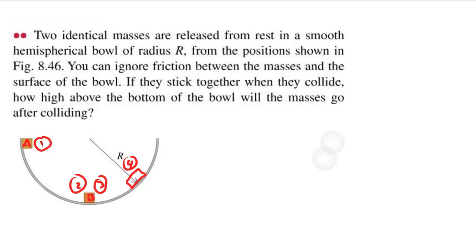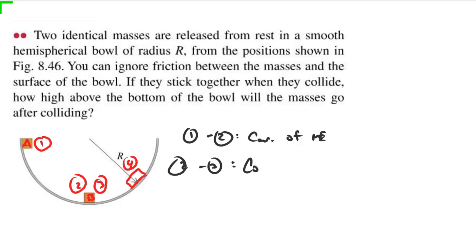We can say from 1 to 2 we'll use conservation of mechanical energy. Then from 2 to 3 we'll use conservation of linear momentum. And then from 3 to 4 we'll use conservation of mechanical energy again.